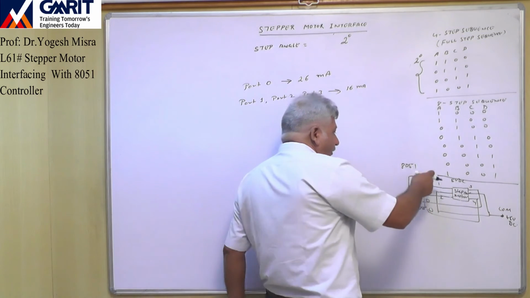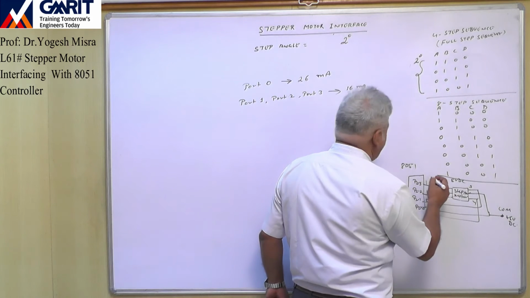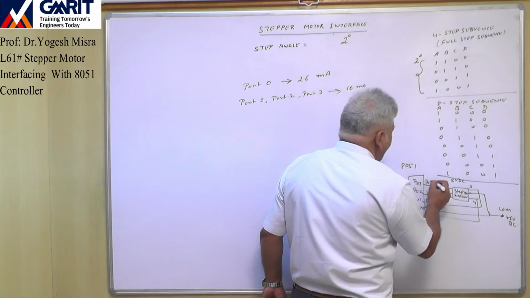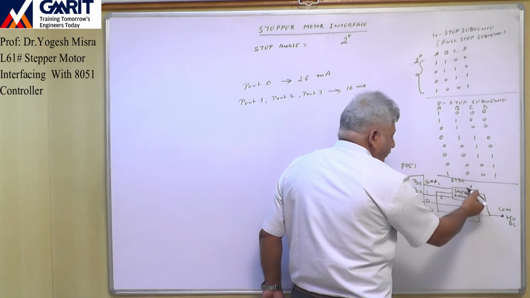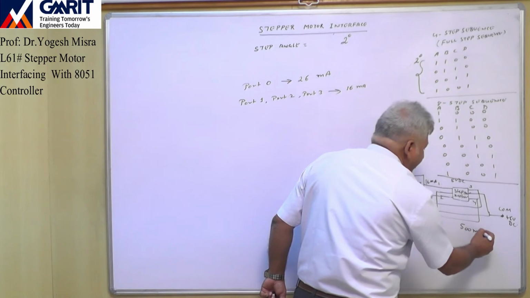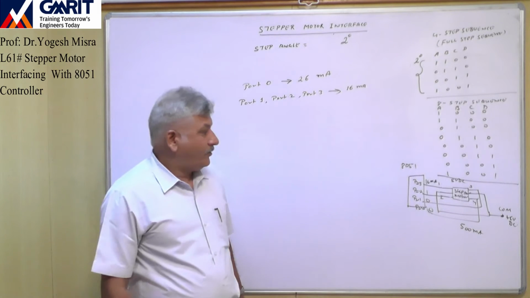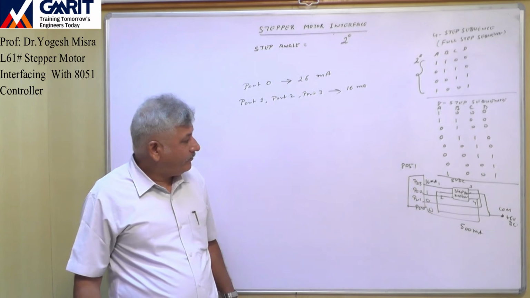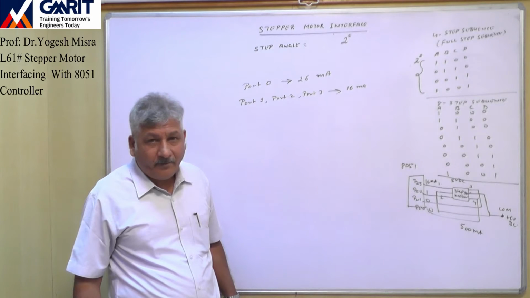Because here the microcontroller pins are just generating a current of around 16 milliampere. But the current required to run this stepper motor is in the range of suppose 500 milliampere. Then how will we interface this stepper motor?